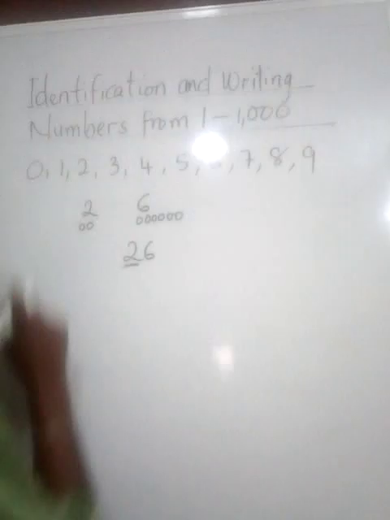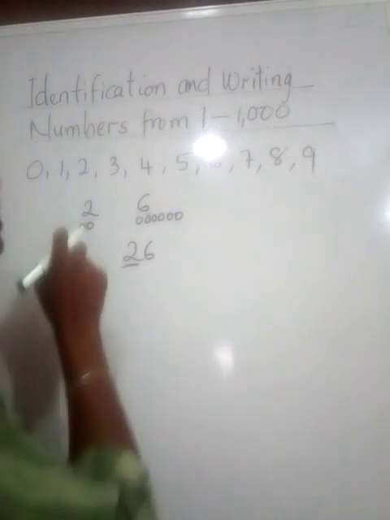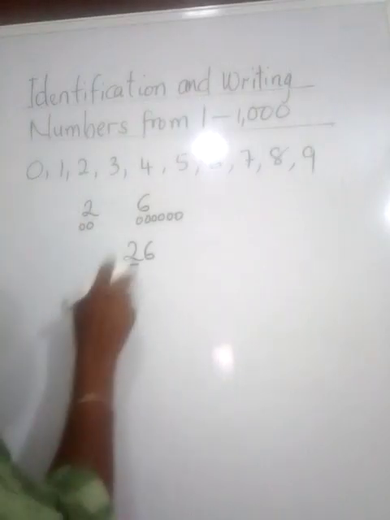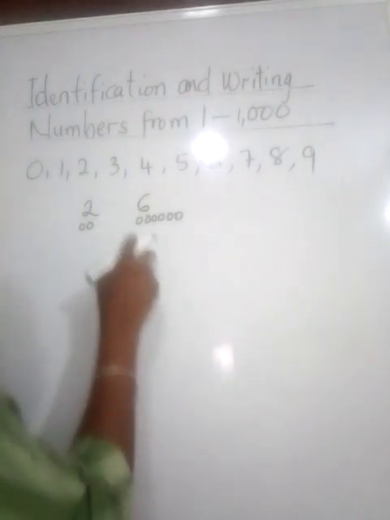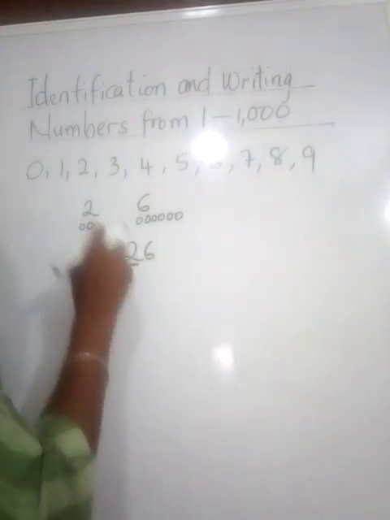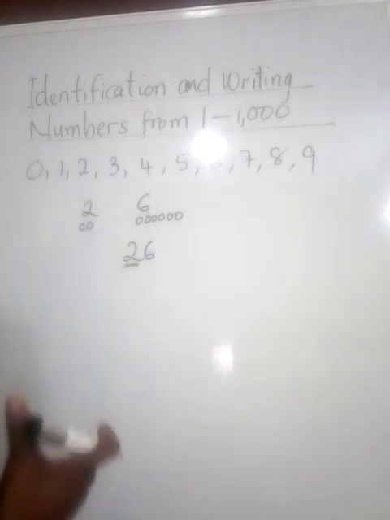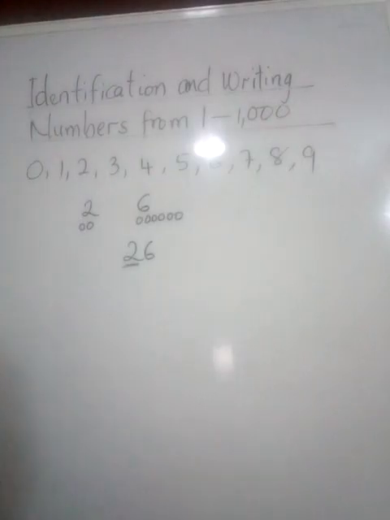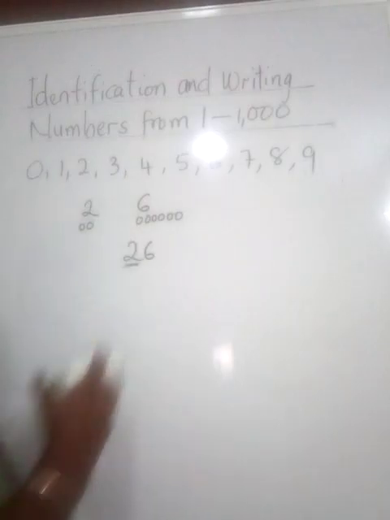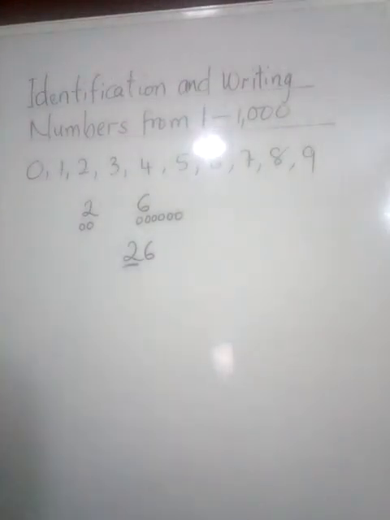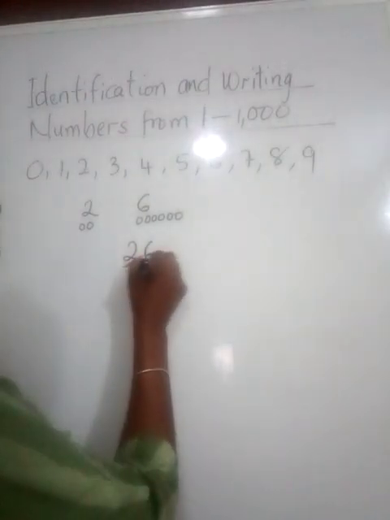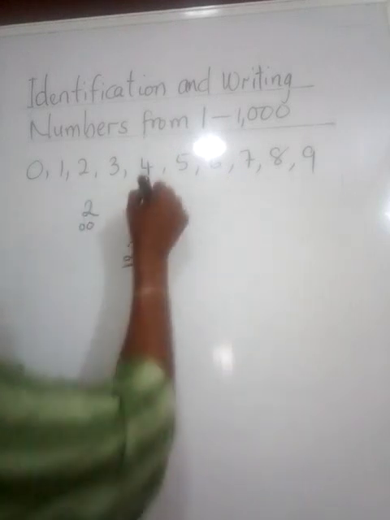The value has changed. Why? Because it's combining with another digit and the position it's occupying is a peculiar position that makes its value increase. But the 6, which is the first from the right, remains the same.